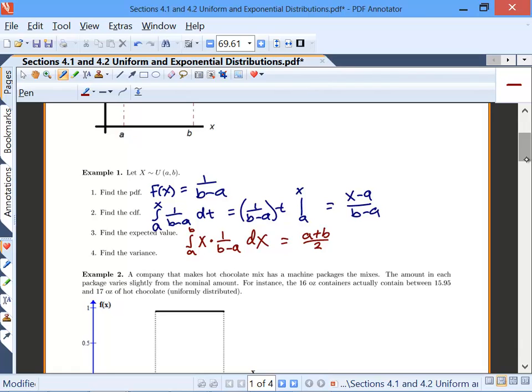And to find the variance, how do we find variance for something? We need to find the expected value of x squared by integrating from A to B x squared times my PDF.